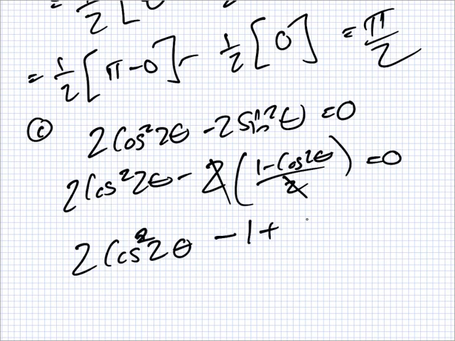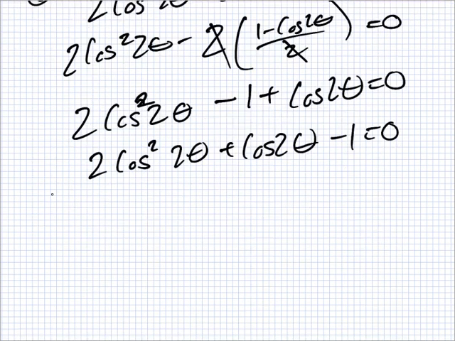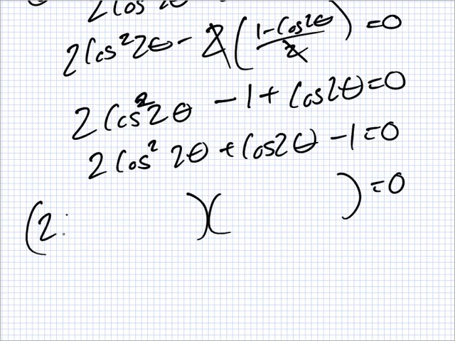minus 1 plus cos 2 theta equals 0. 2 cos squared 2 theta plus cos 2 theta minus 1 equals 0. This has factors. 2 cos 2 theta, cos 2 theta. I want a minus 1, so I need a plus and a minus. It has to be 1 and 1, doesn't it?